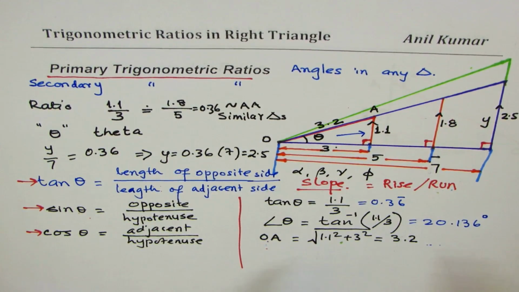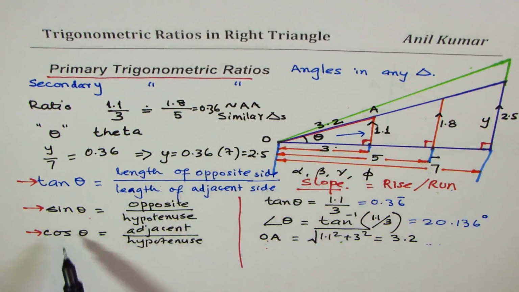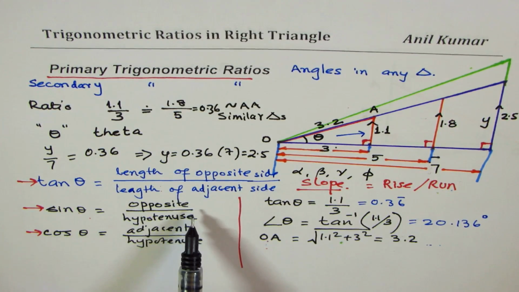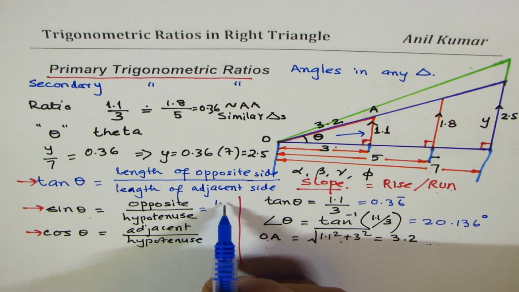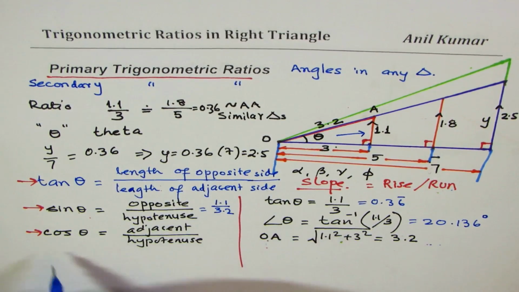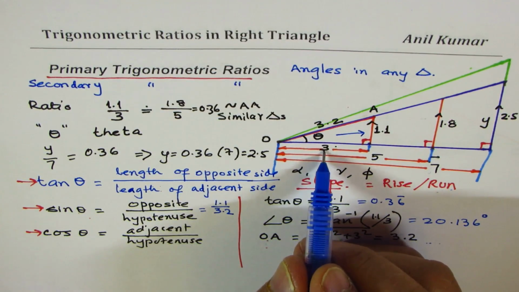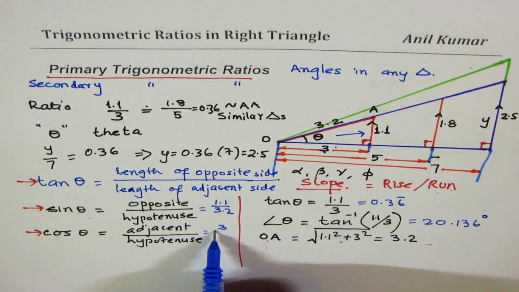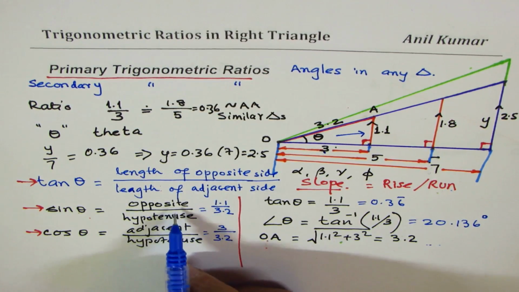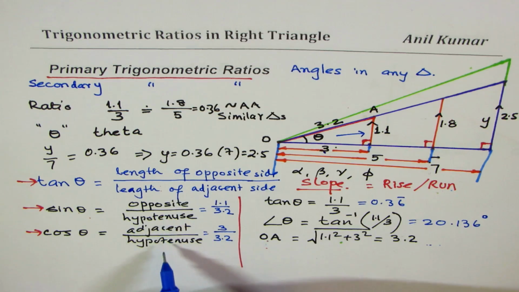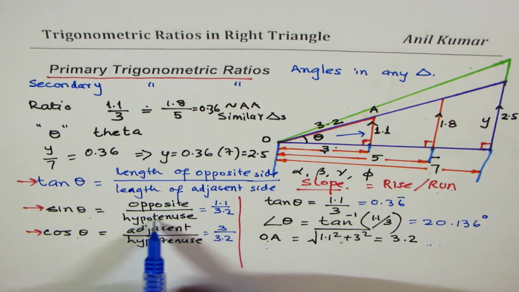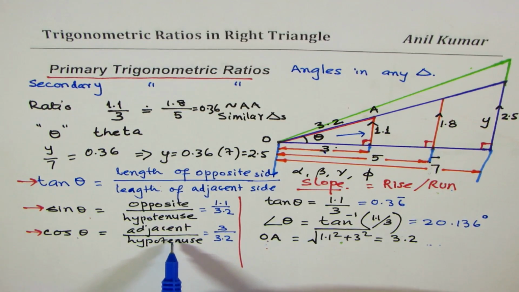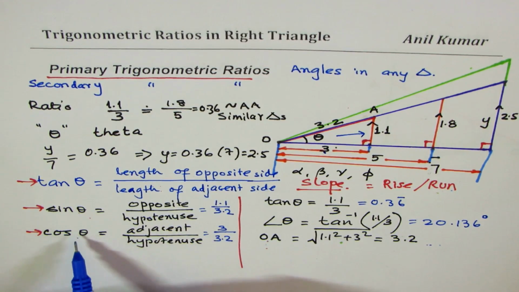Correct? So once you know the hypotenuse, you can calculate cos and sine. In this particular case, sine will be the ratio of 1.1 and 3.2. And cos will be the ratio of the adjacent side, which is 3, to 3.2. So both are ratios to the hypotenuse. Now since for sine theta and cos theta you see the longest side in the denominator, you cannot have sine theta greater than 1, right?